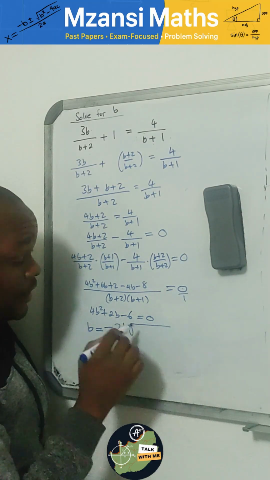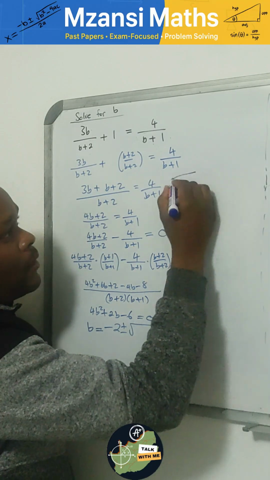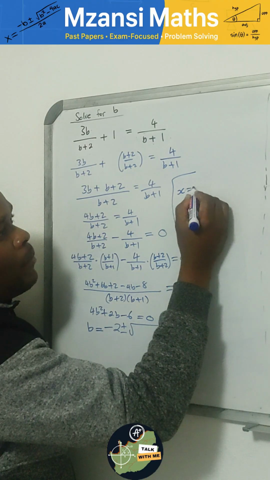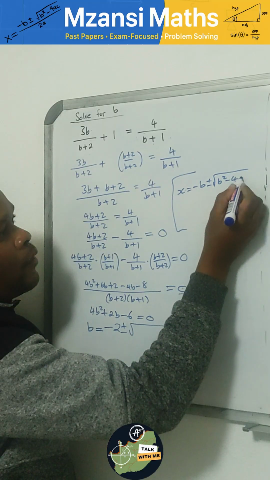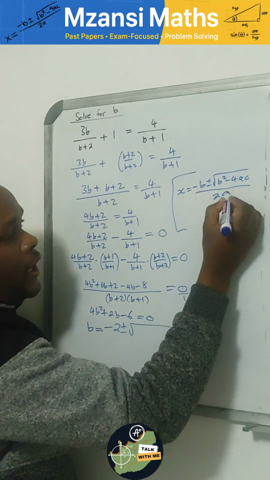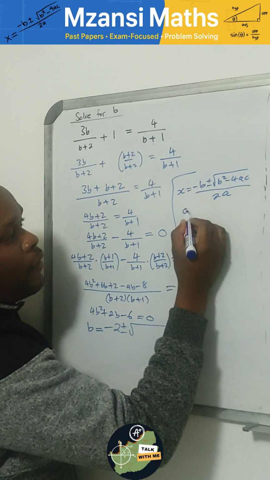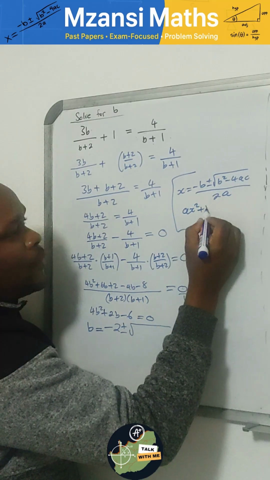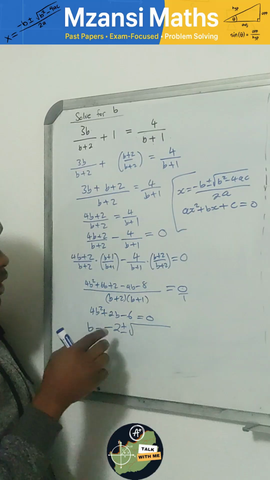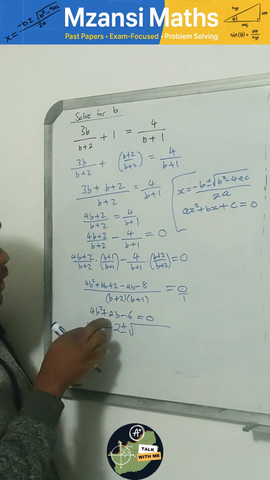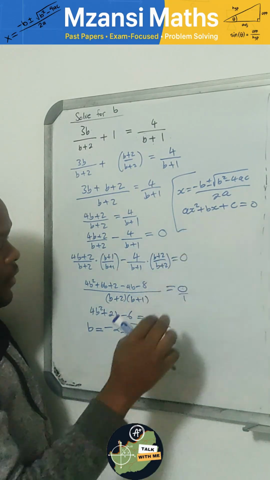But bear with me, this is the quadratic formula that I'm talking about. Usually it's x equals minus b plus or minus the square root of b squared minus 4ac all over 2a, right? This is for when you have a quadratic equation of the form ax squared plus bx plus c equals 0, right? So our quadratic equation at this point is in that form, right?